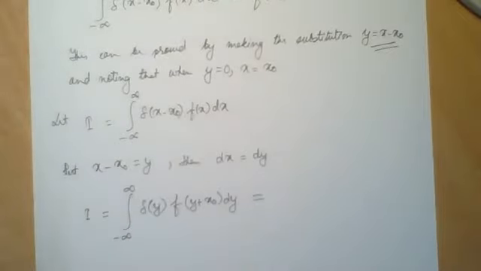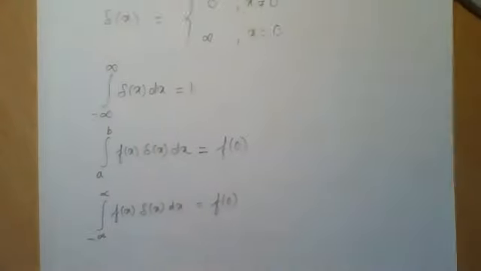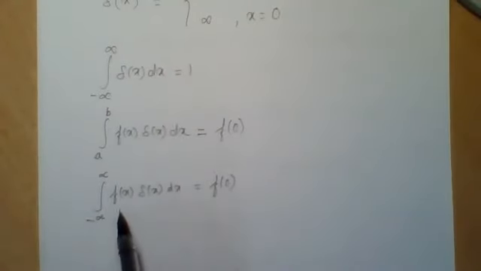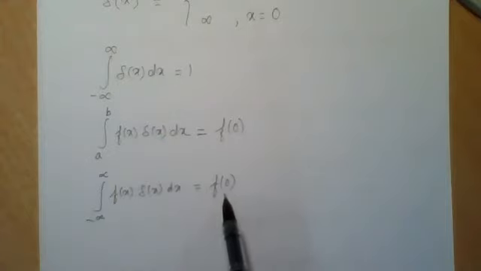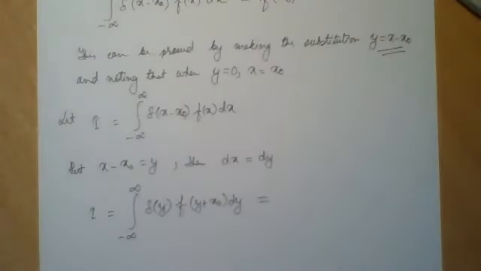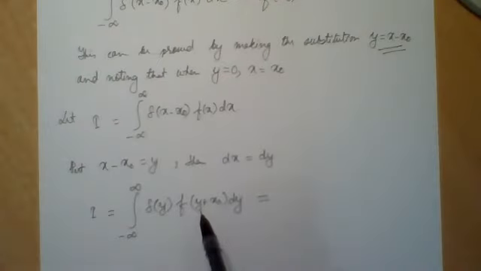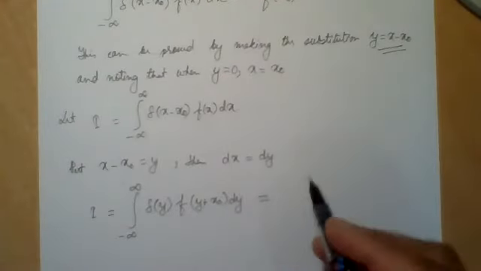Okay, now let us look at the expression again. This expression, the integral from minus infinity to plus infinity of f of x delta x dx, is equal to f of 0. That means you simply put x equal to 0 here. So if I put y equal to 0 here, we should get a similar answer.